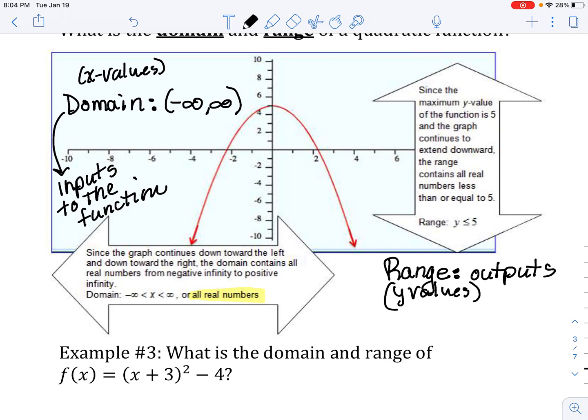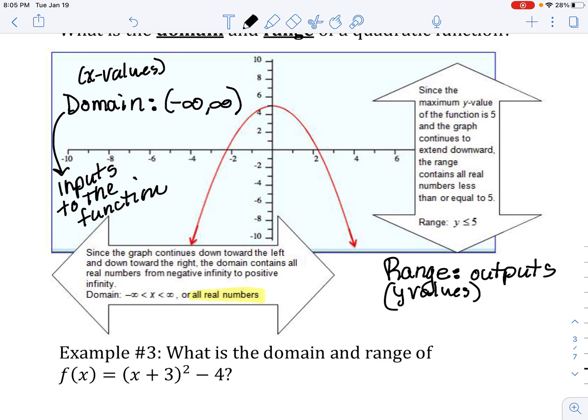Now, what's unique about a parabola and a quadratic is, as we talked about in part 1 of the notes, there's either going to be a highest point or a lowest point to the parabola, because that's what makes it have the shape of a U. And so for your y values, there is an ending point.